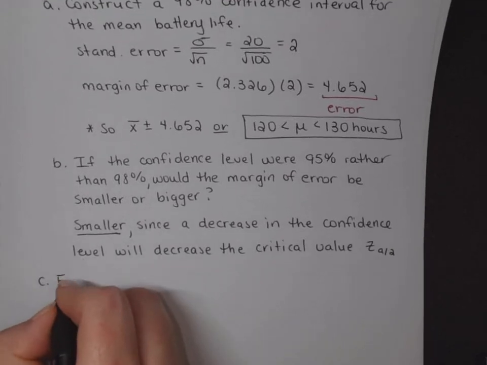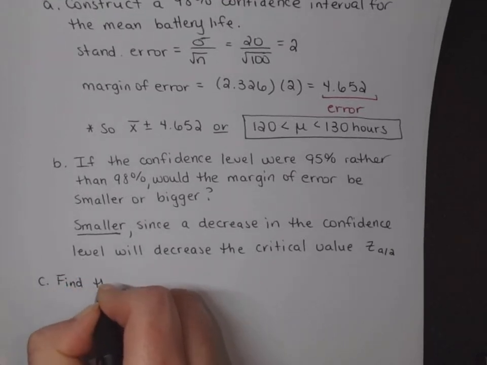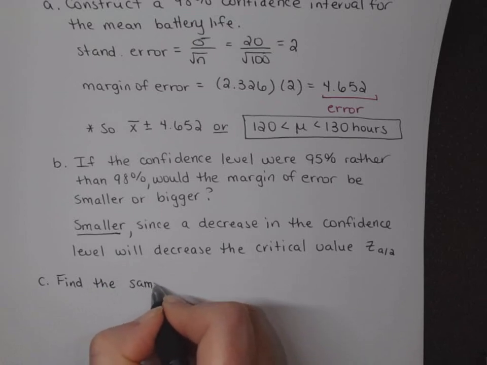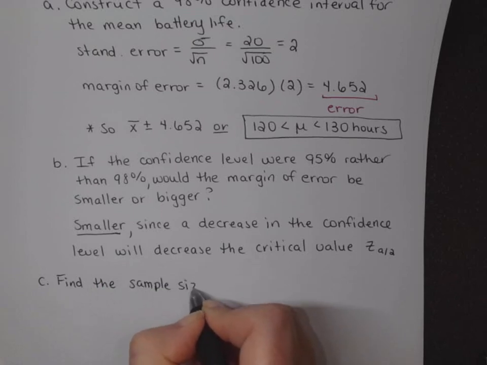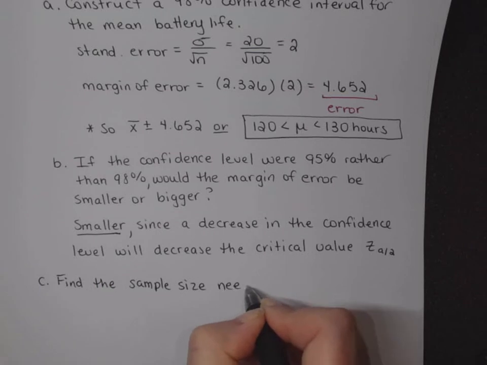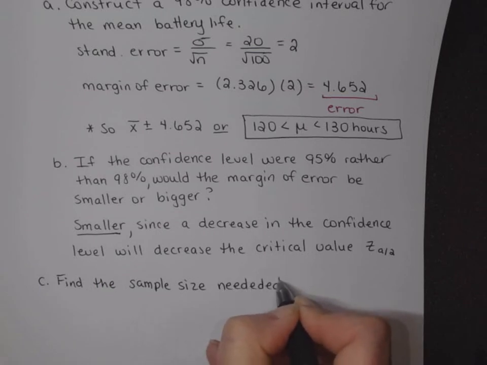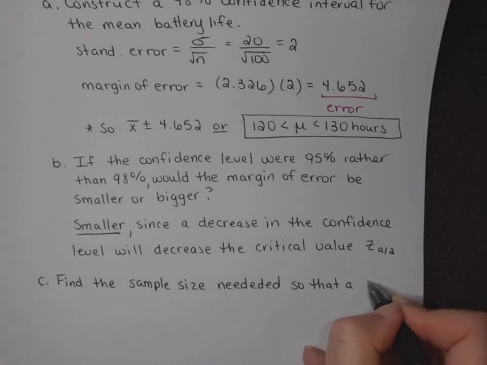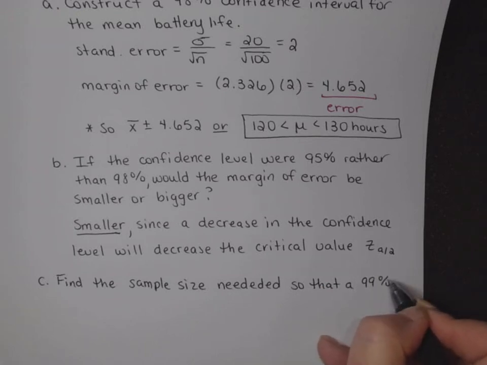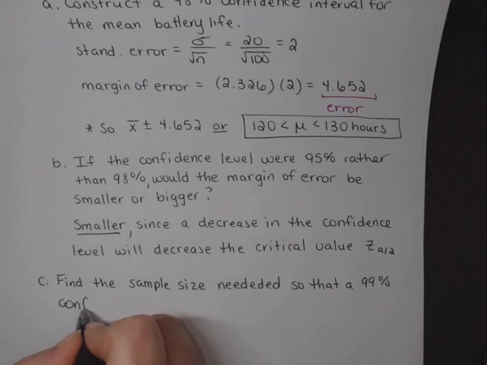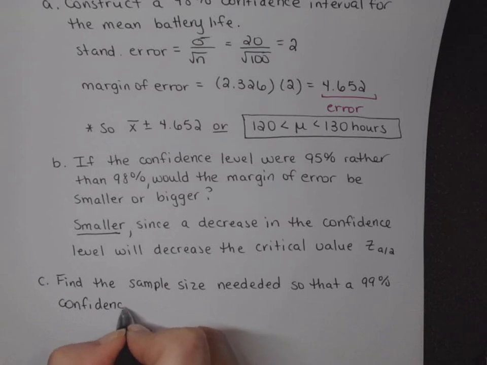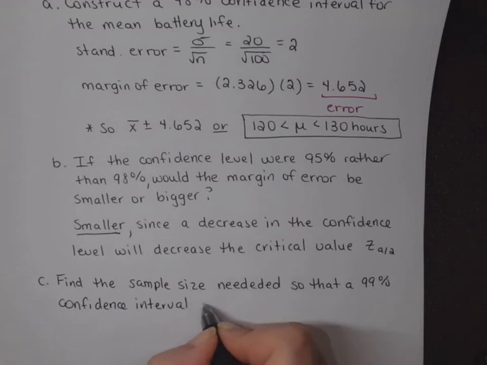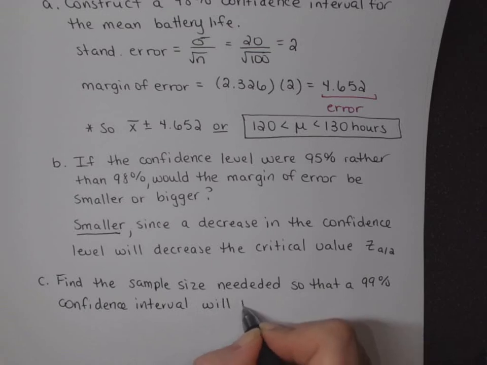And then last but not least, I want you to find the sample size needed so that a 99% confidence interval will only have a margin of error of 3.